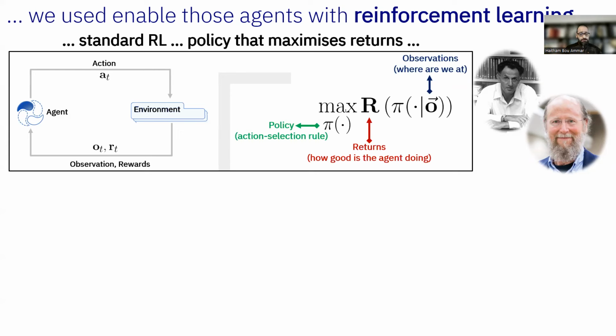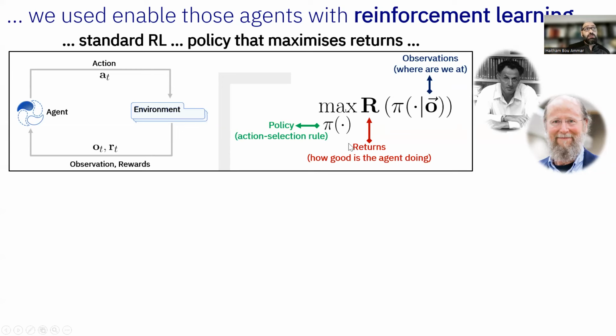If I execute this policy in my environment, the discounted summation of the rewards will be maximized. So give me that best rule of selecting actions that will maximize my returns in that environment.